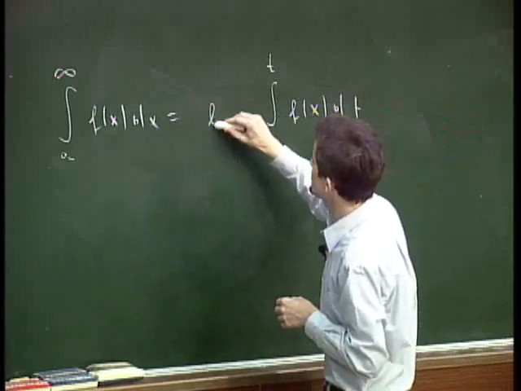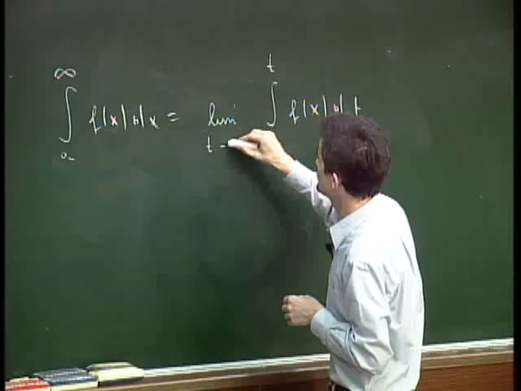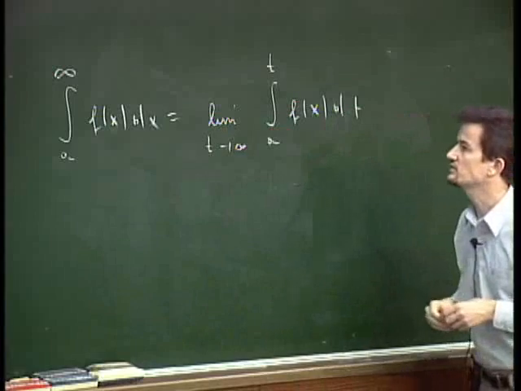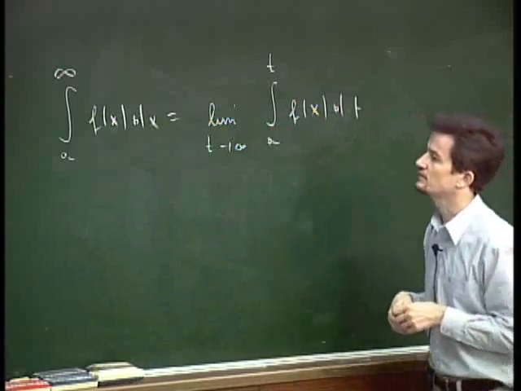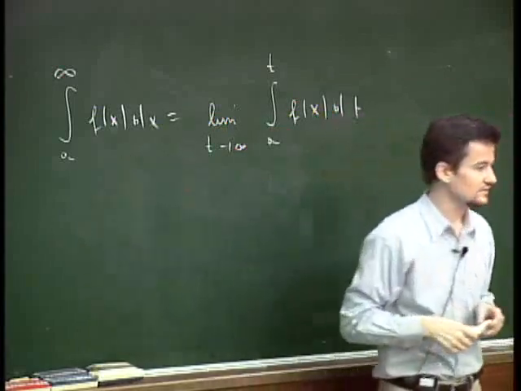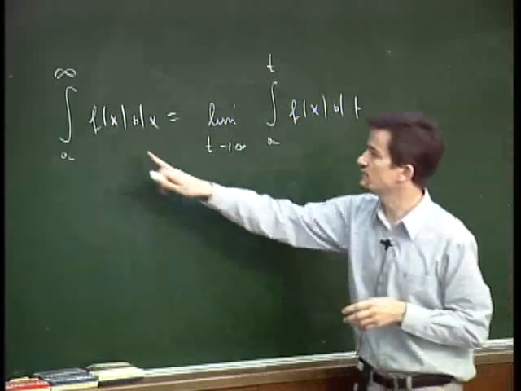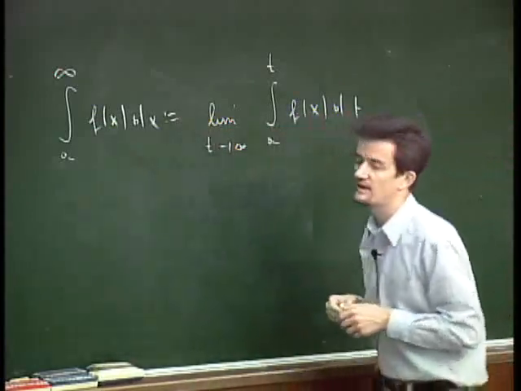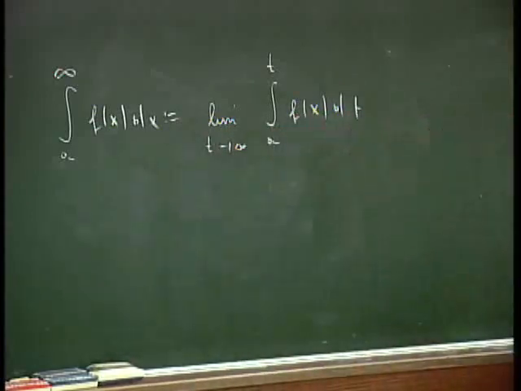And now you check whether the limit as t tends to infinity exists or not. If this limit exists, then we call this integral convergent, and the value of this integral is defined as this limit. And if this limit does not exist, we call this integral divergent.